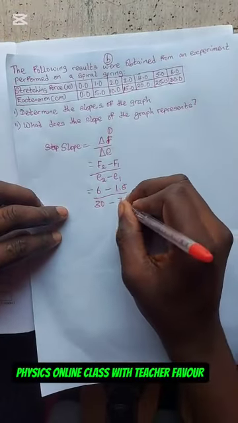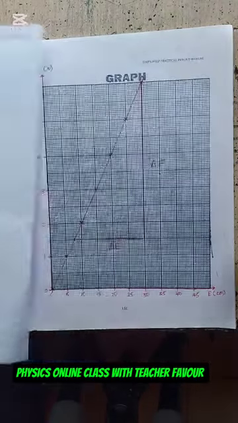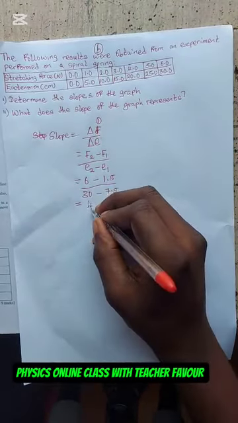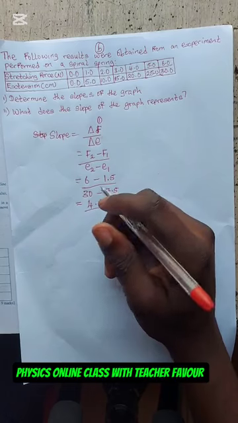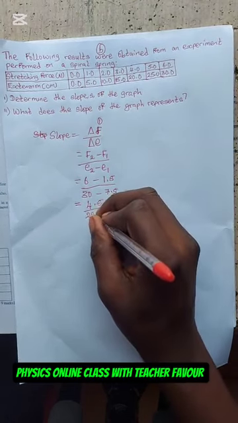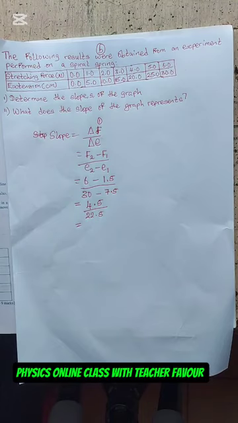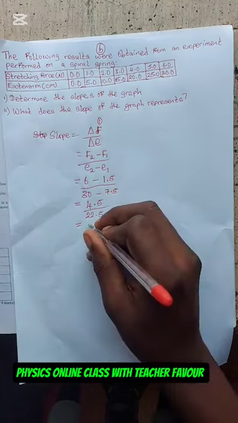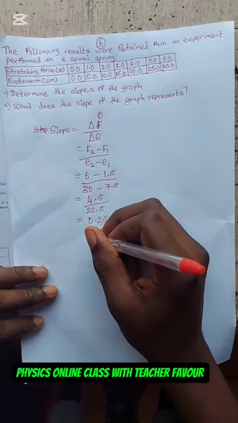So I will write 7.5. So I will subtract: 6 minus 1.5 is equal to 4.5, over 30 minus 7.5, which is equal to 22.5. So let's divide 4.5 by 22.5. The answer is 0.2. So 0.2 is the slope.